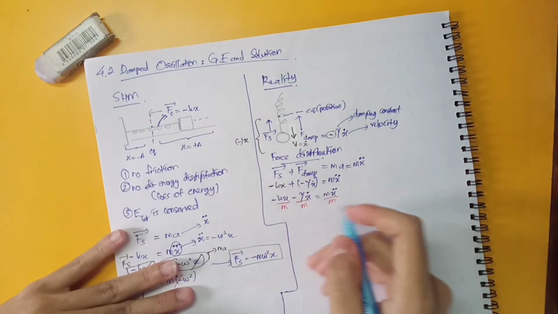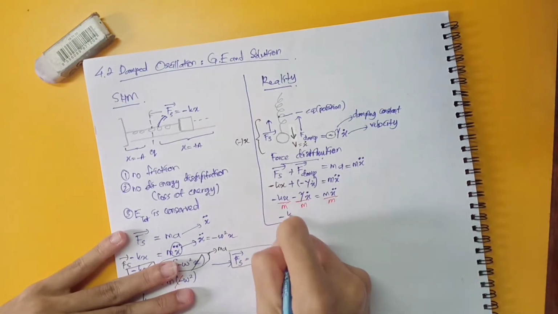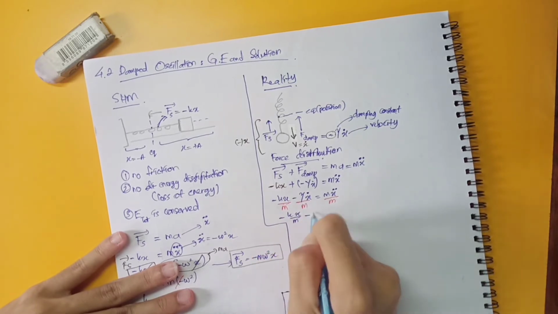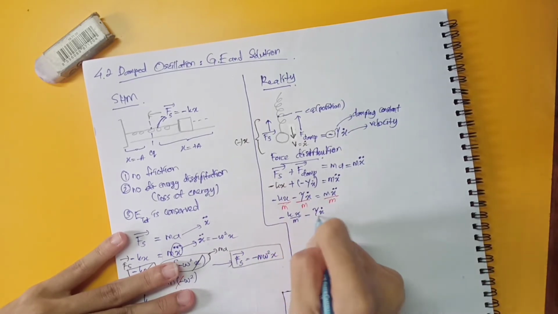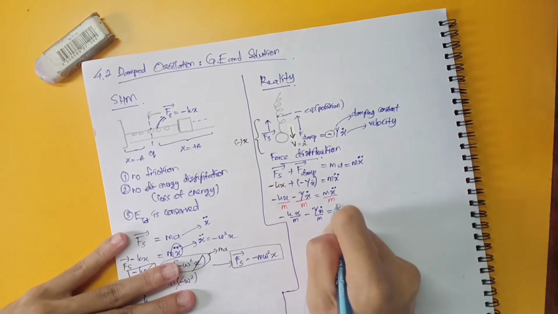So finally we get negative kx over m minus gamma x single dot over m equal to x double dot.